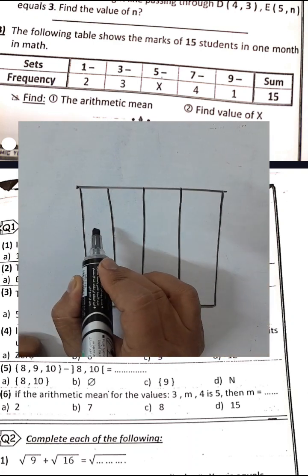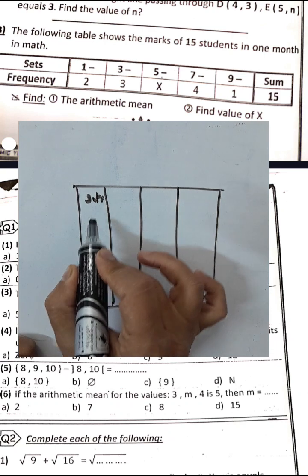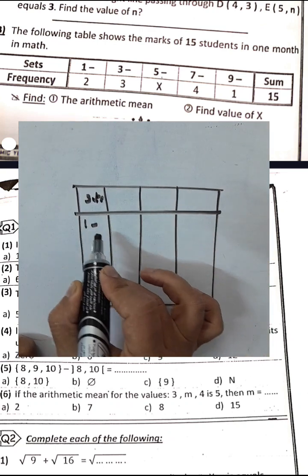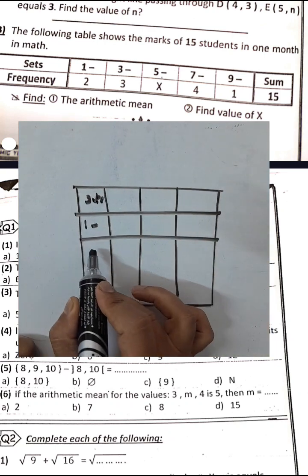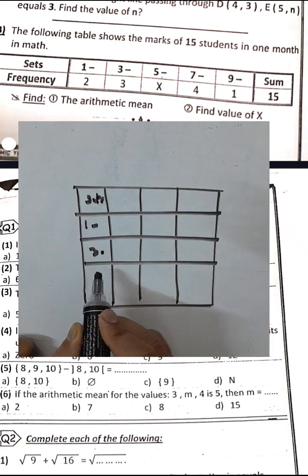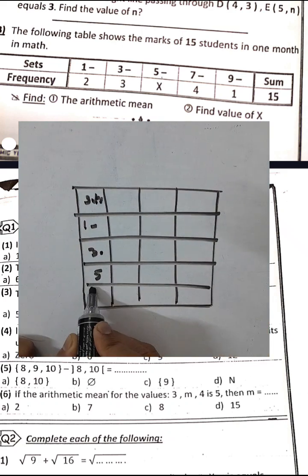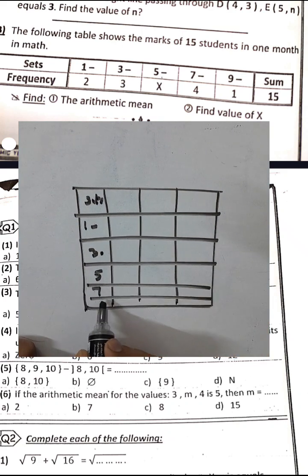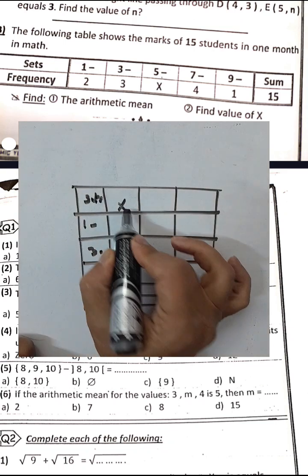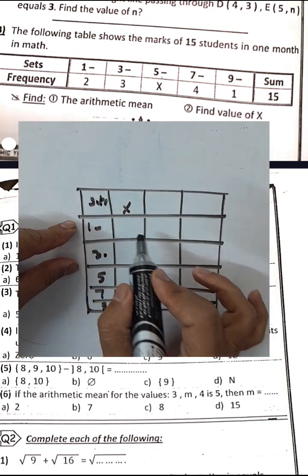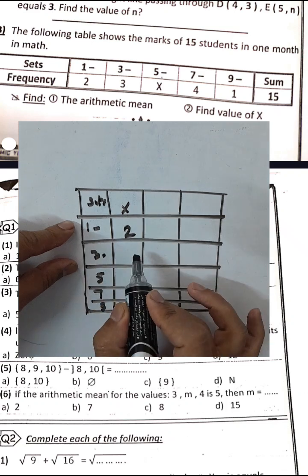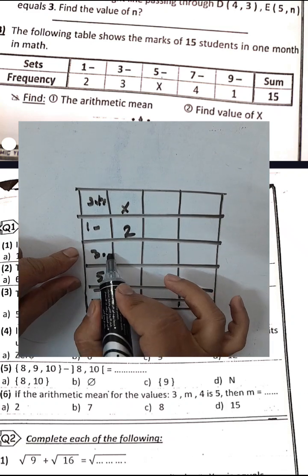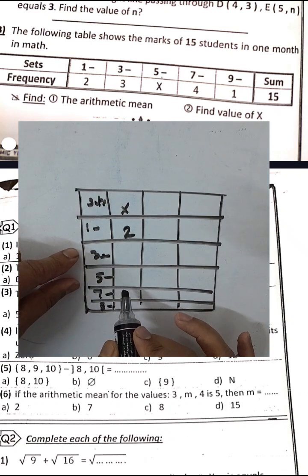And we can write here sets: 1 to 3, 3 to 5, 5 to 7, 7 to 9. And we can find x, the center, okay? 1 plus 3, 4 divided by 2 equal 2. 3 plus 5 equal 8, 8 divided by 2 equal 4.